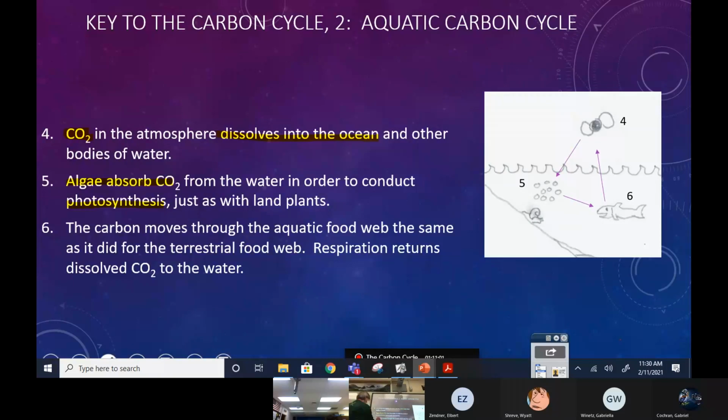Then let's see, carbon moves through the food web. When one thing eats another thing, it's gaining carbon. Then respiration returns that CO2 back to the water, and it can go back to the air from there as well. So you can paraphrase all of that.